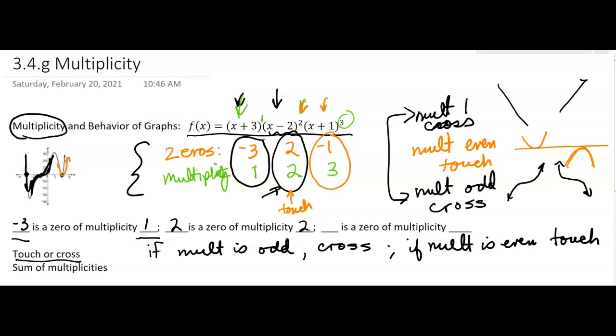Now, the fact that those are the same number is just an oddity. And then the last one here, we would say negative 1 is a zero, and it has a multiplicity of 3. I just want you to be familiar with the wording. One thing is the zero. You identify the zero, then you identify the multiplicity of that zero.